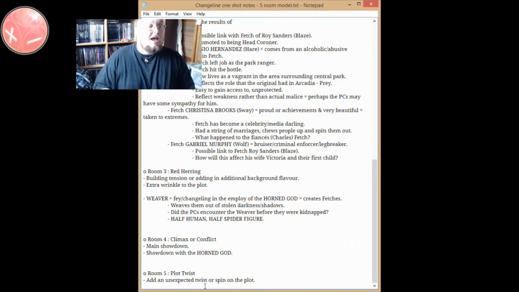However, I don't just want it to be a massive slugfest, a huge combat, for two reasons. One, it's not particularly interesting, and two, the Horned God is supposed to be some ancient fey creature, and how many fairy tales can you honestly think of where the hero just slugs it out with the bad guy for God knows how long, before eventually beating them to death?